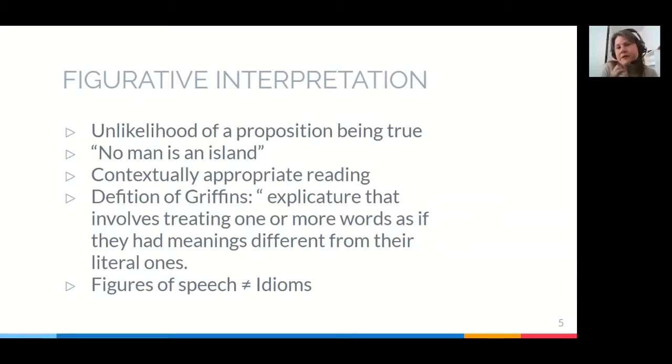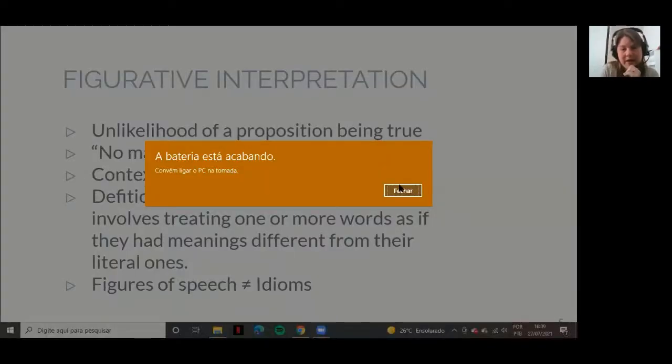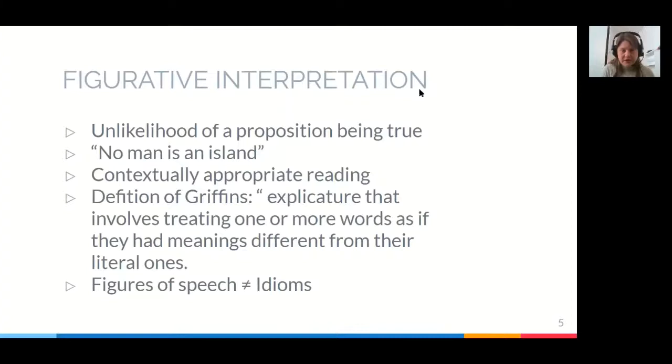But then Griffiths gives an example of "no man is an island." Here we can have both interpretations, yes? You can consider that a man is actually not an island in the ocean, a land surrounded by water.